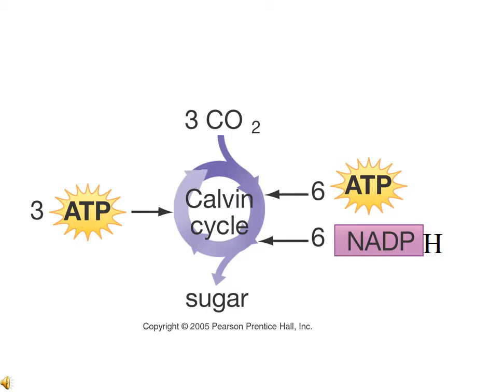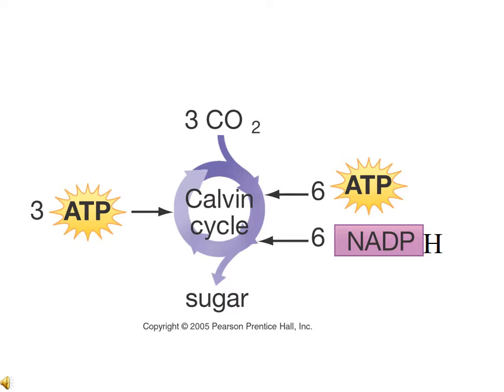Yes, this is complex, but basically what we're doing in the dark reaction is the following. ATP and NADPH. ATP is our energy currency, NADPH is our bucket of electrons.